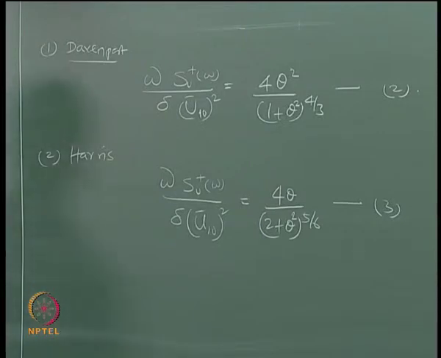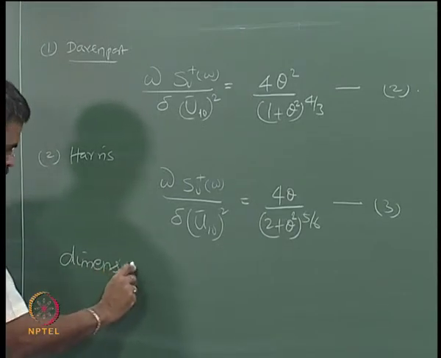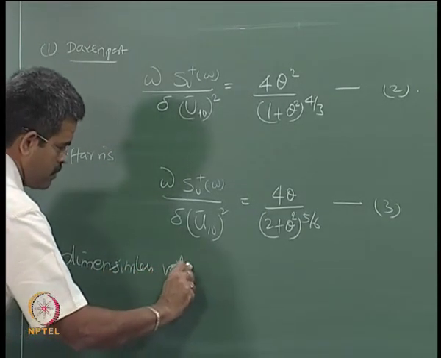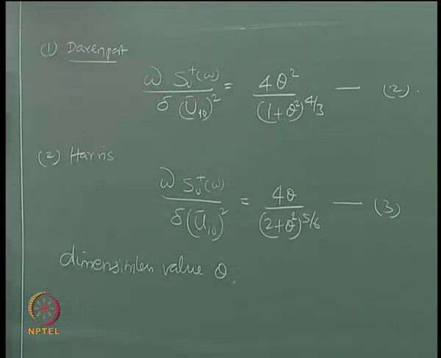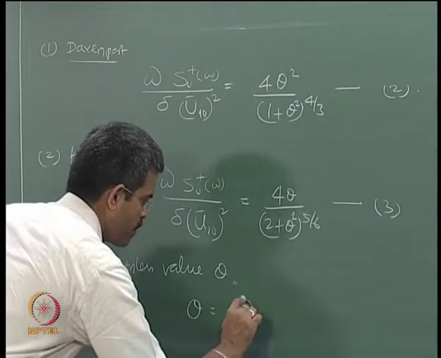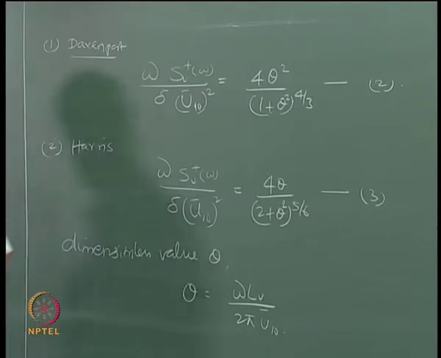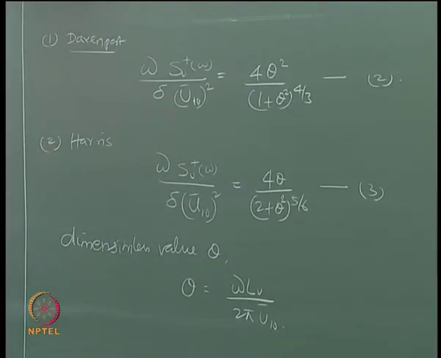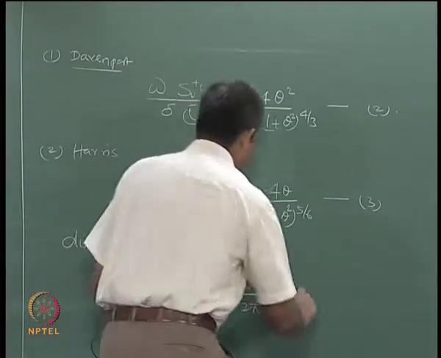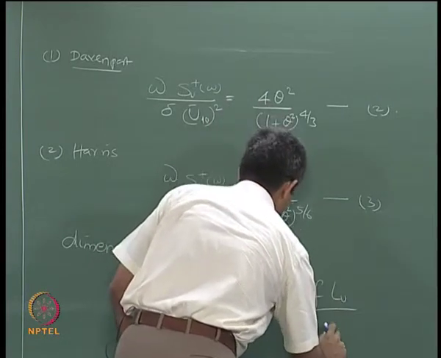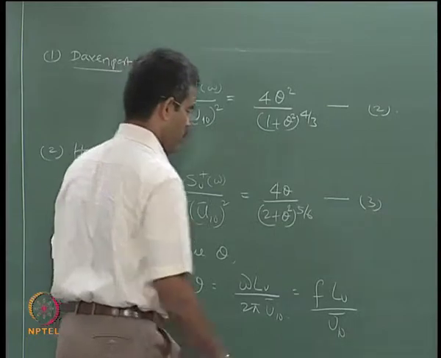In both the spectra the dimensionless value theta is given by the following relationship. This can also be written with 2 pi by omega as f, as we already know.